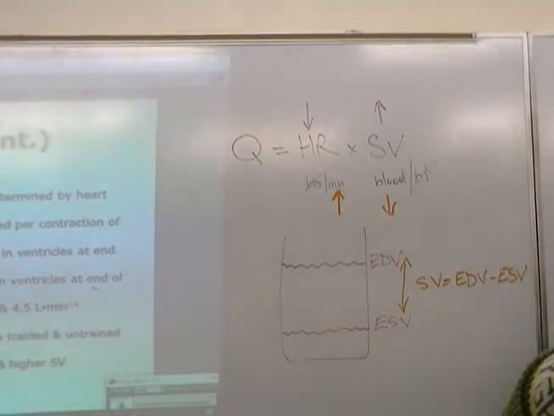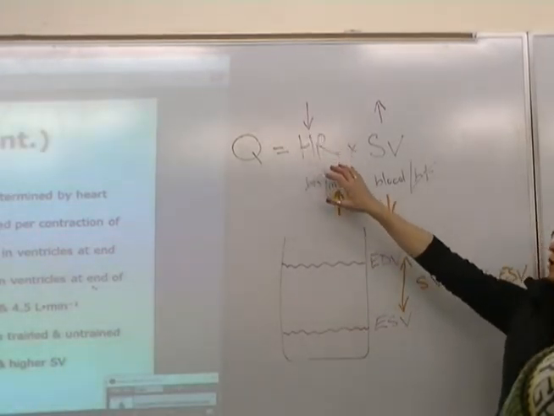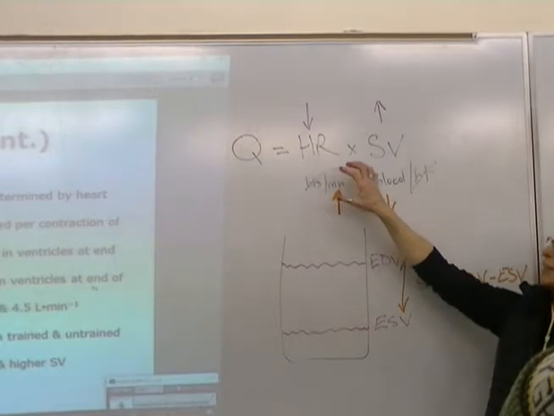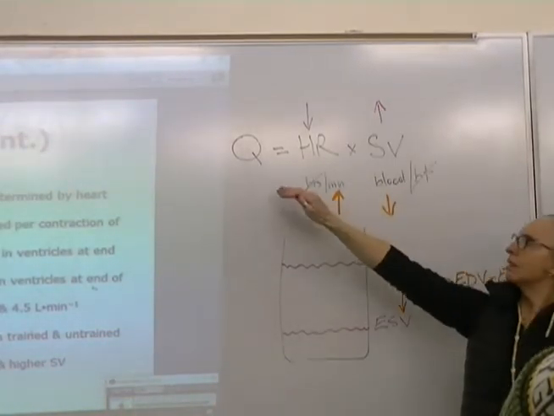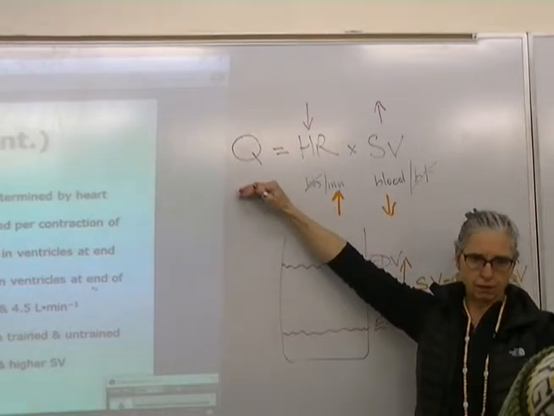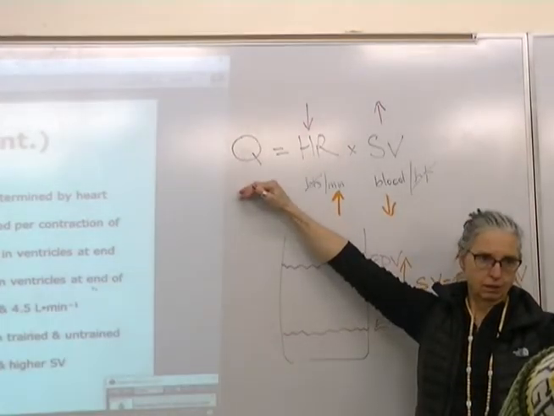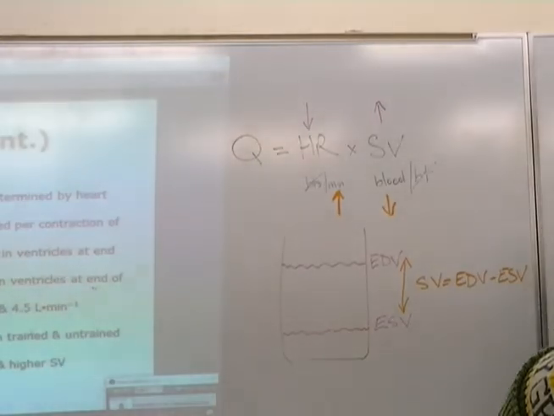So the fitter I am, the less work my heart has to do, because it's able to push out more blood per beat to achieve the same work rate. All right, does that make sense? Ish.